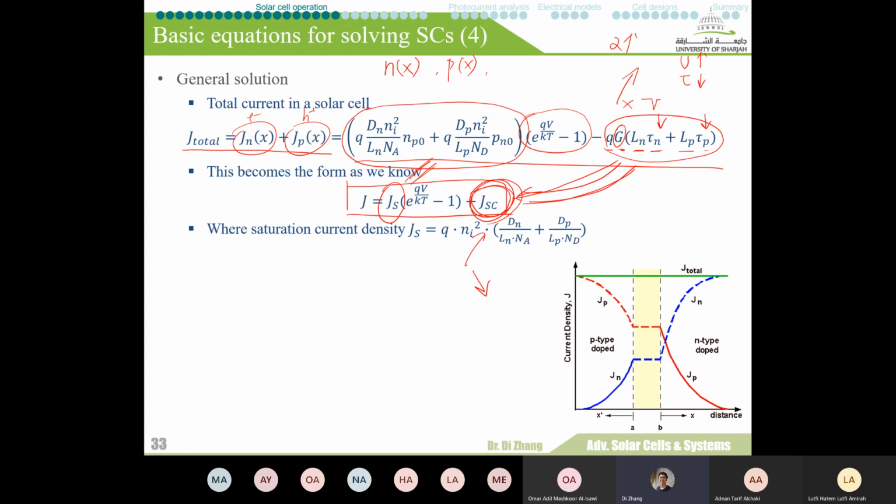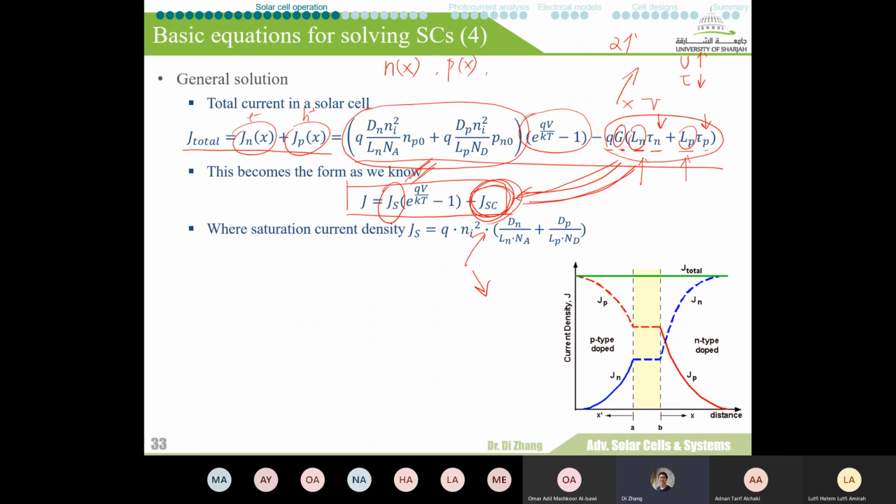So the more recombination you have, the less photocurrent you can get from the same solar cell. This is very helpful for us. And then we also have the diffusion length. If you want to have a larger photocurrent or larger J short circuit, then the diffusion length typically has to meet a certain standard.